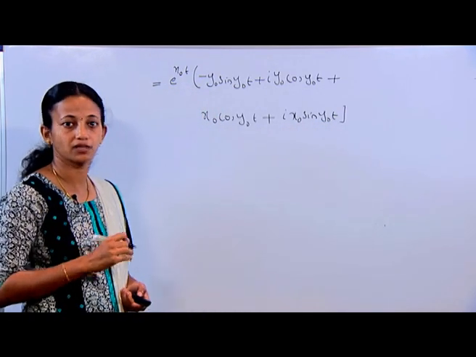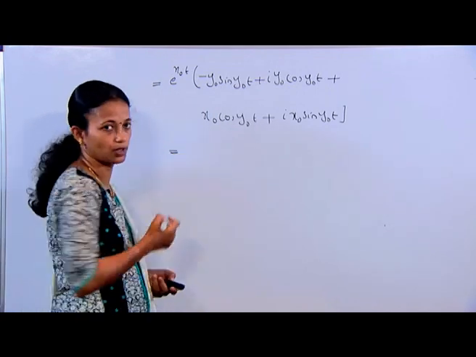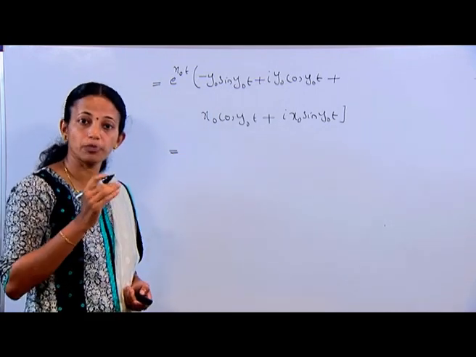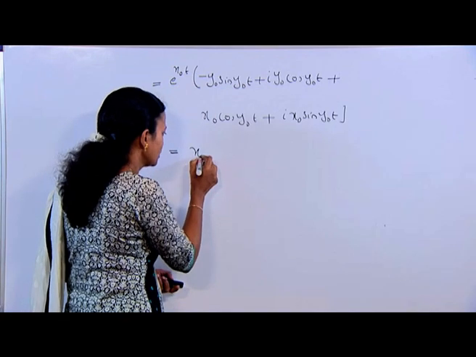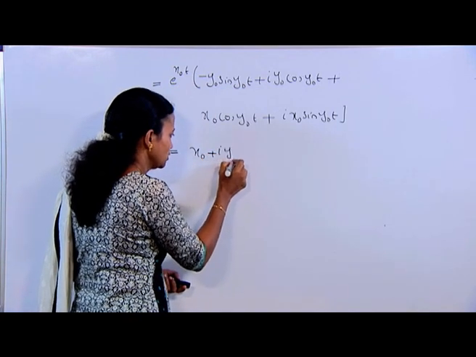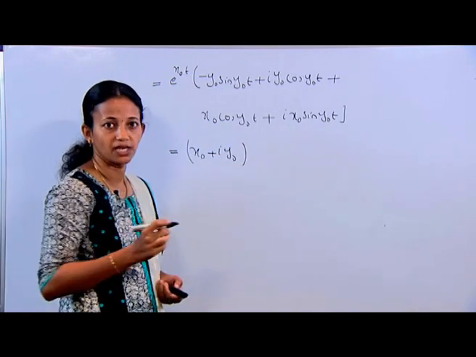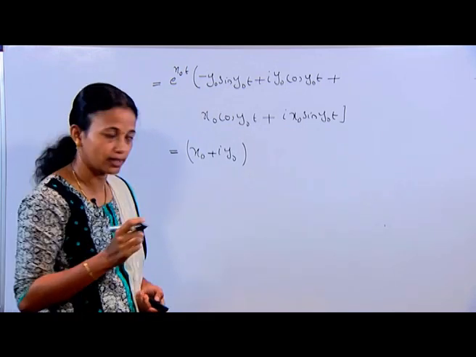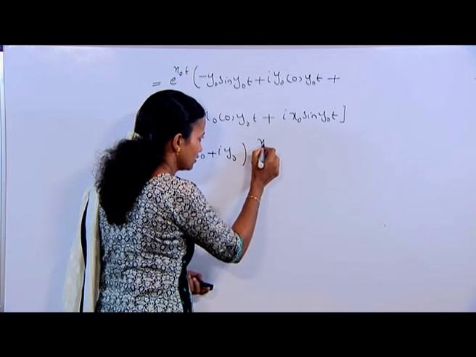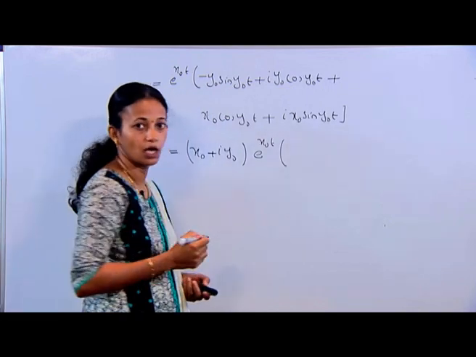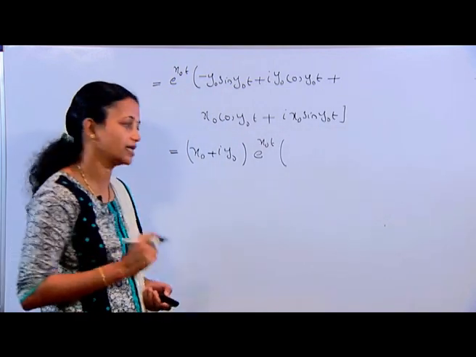On simplification we can write, which is equal to x0 plus i y0 into e raised to x0 t, what remains, cos y0 t plus i sin y0 t.